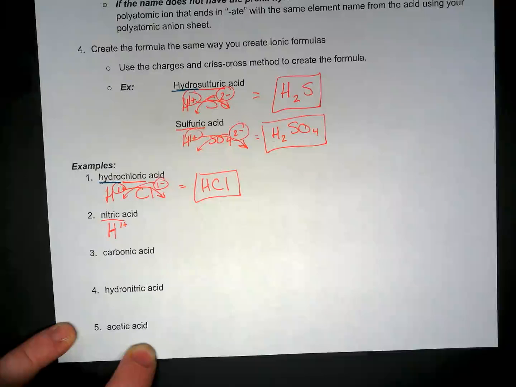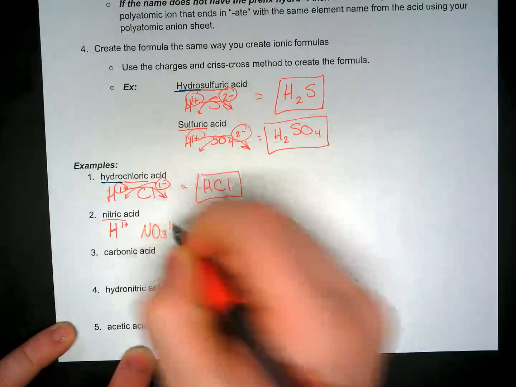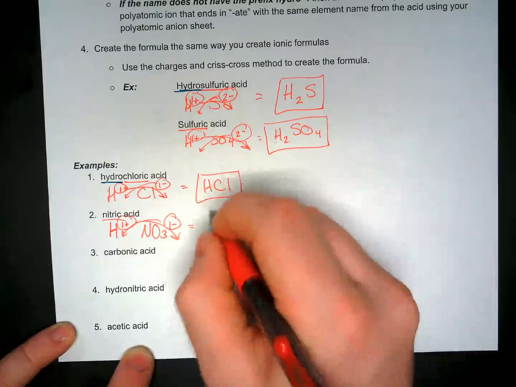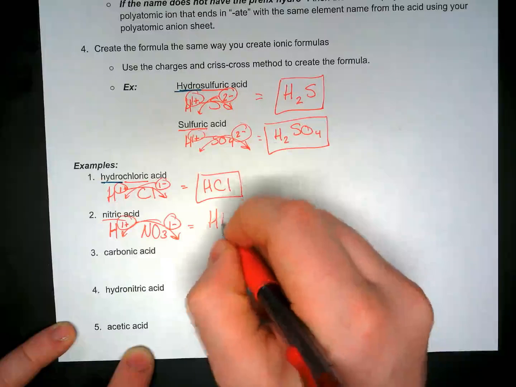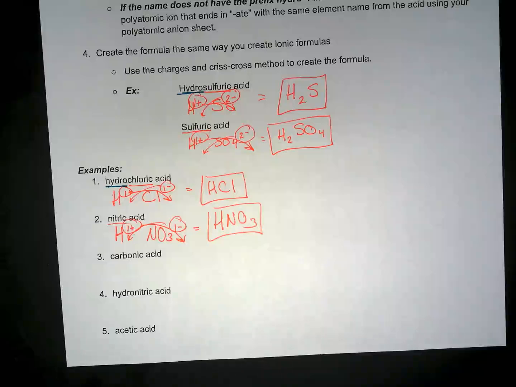If it sounds like nitric, I would imagine it's probably going to be nitrate. So let's find nitrate. Okay, boom, there's nitrate right there. NO3, 1 negative. I'm going to circle them, crisscross, and what I'm left with is HNO3. Easy enough.